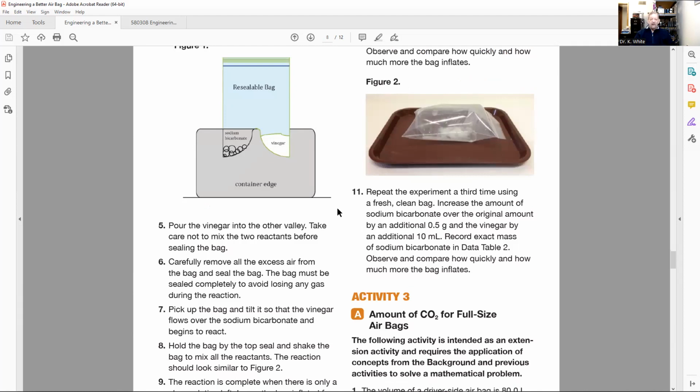And for the vinegar, the original volume, let's say it was 10, you'll add 10 more milliliters and use 20. Same valley, put them in there, get the air out, seal it, mix it, and then you'll compare the 3 bags: which one is the fullest, which one is the least, and what's in the middle.